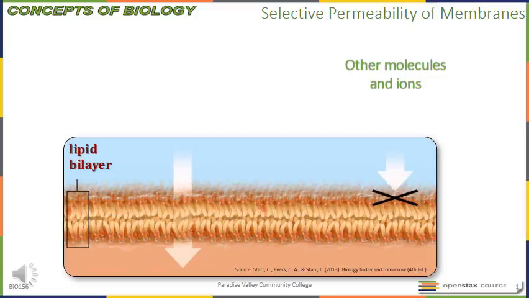In this little depiction, the blue area on the screen is your interstitial or extracellular fluid. The more tan, salmon orangey color down below at the bottom of the screen is your intracellular fluid, or your cytoplasm.